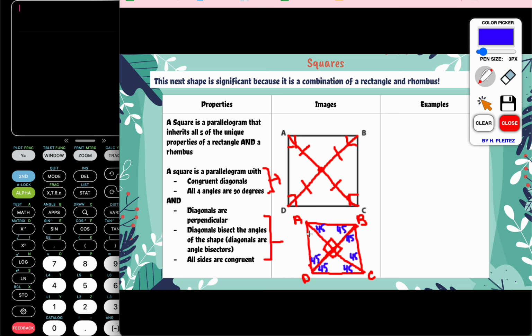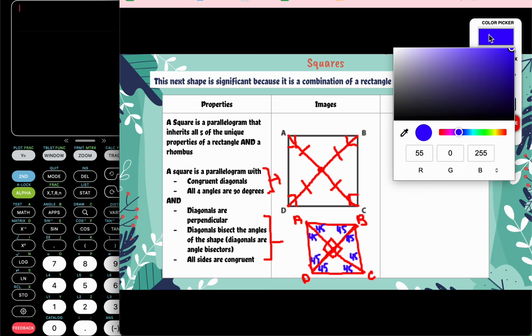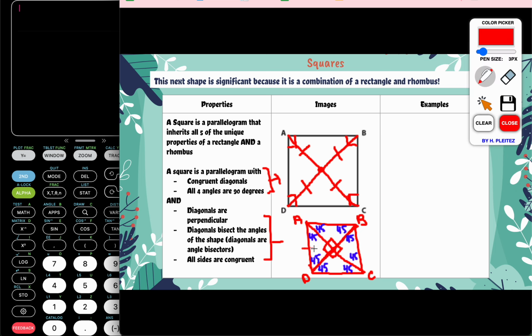And this is always the case with the square, right? If all 4 of our angles are always 90 degrees, and we know that our diagonals are cutting those angles in half, all of those smaller pieces are going to be 45, which is very interesting. We're probably going to need to use this fact a lot throughout the task card and as we work on these shapes. And then last but not least, we know that all sides are congruent. So we can go ahead and use 2 tick marks here.